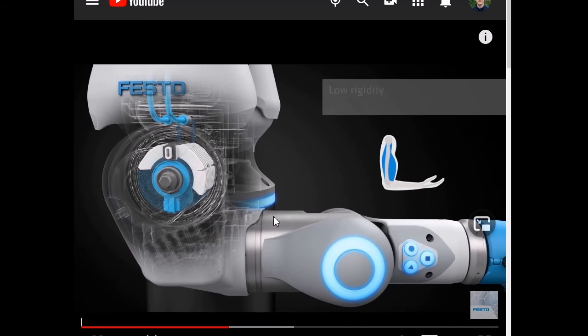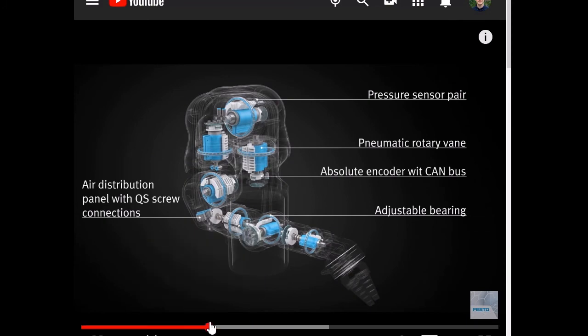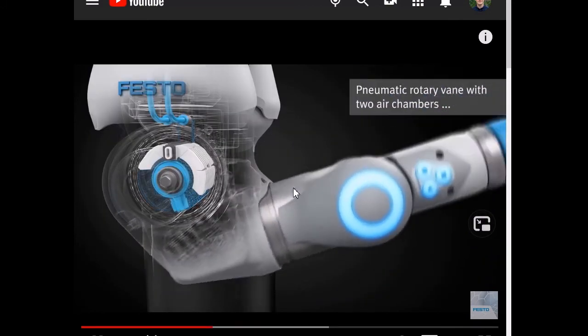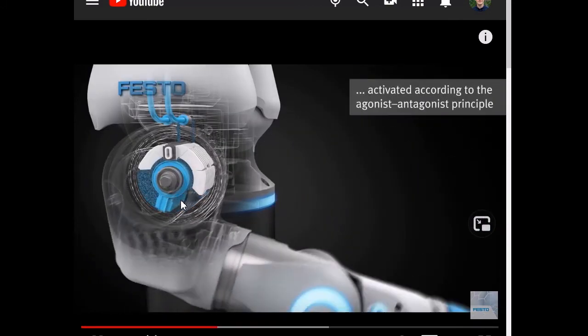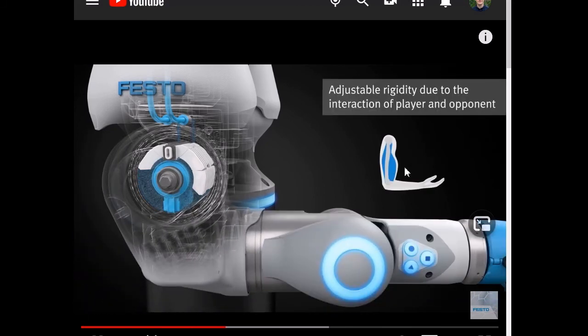It is a pneumatic system where the pressure in the joints can be used to set the stiffness of the end effector.